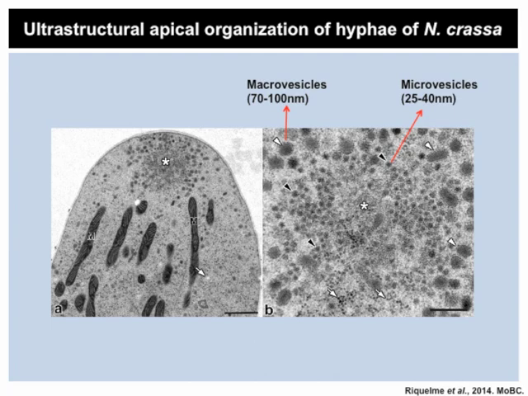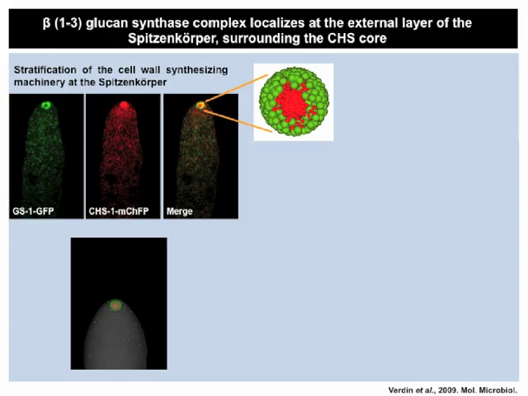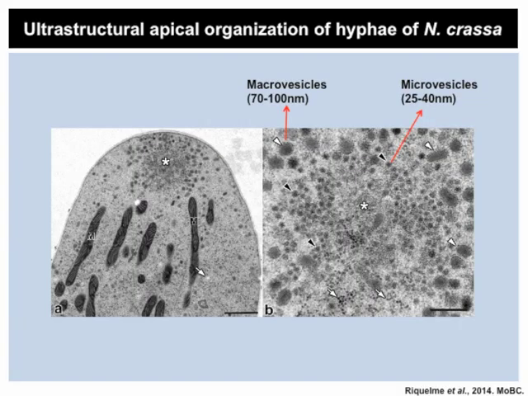And in this case here, this is the Western for the strain where GS1 has been tagged with GFP. And you can see that the highest intensity of the bands coincide with the two main peaks of glucan synthase activity. So it seems that there are different populations, density-wise, of vesicles with different cell wall building activity and different organization in the cell.